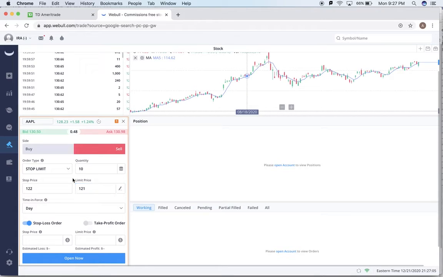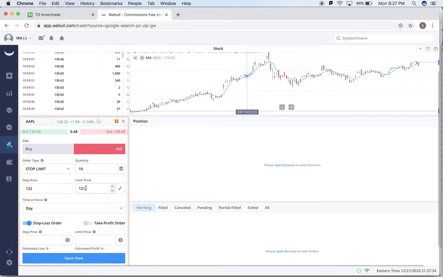What this is doing is, the moment the stock price drops to 122, it would almost activate this order. And anywhere that the stock price is between 122 and 121 is where that order is going to be executed.